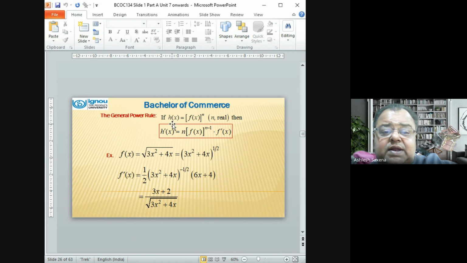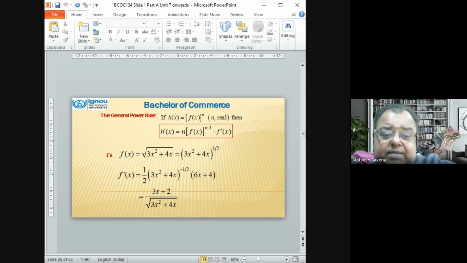Your function is h(x) is equal to f(x) raised to the power n, where n is a real number. Then its derivative h'(x) will be: this power will come in front, this will remain as it is, the power will be reduced by one, into the derivative f'(x). This is the power rule.